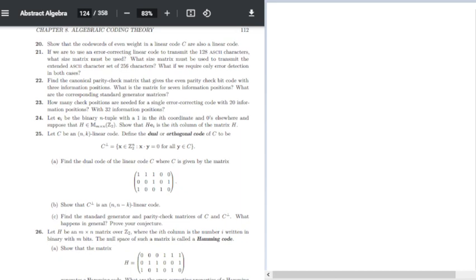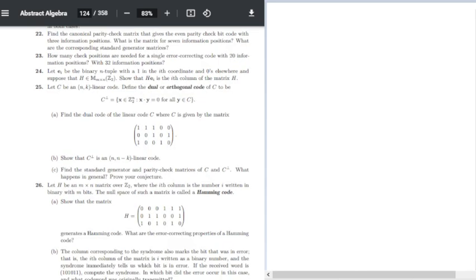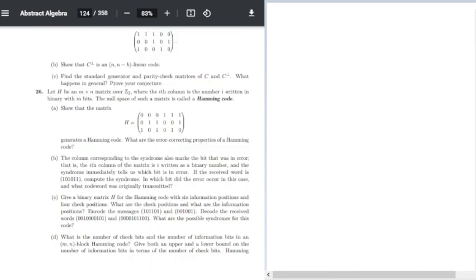Yeah, I mean, it makes sense. I forget if a linear code is a group code or not. The dual or orthogonal code of C, find the dual code. Alright, oh, these are about proper Hamming codes.